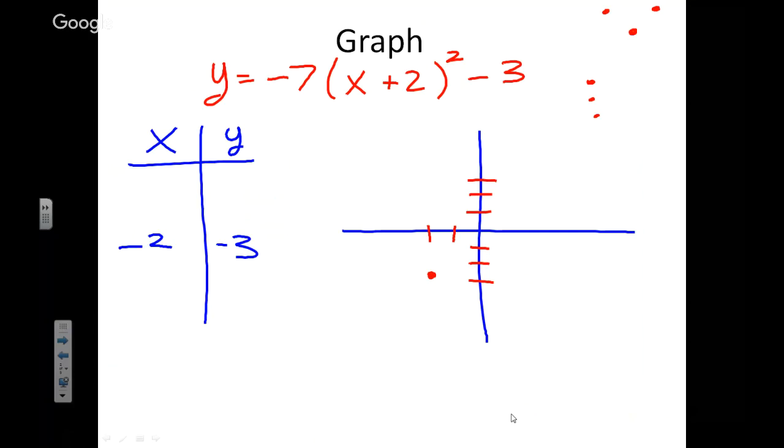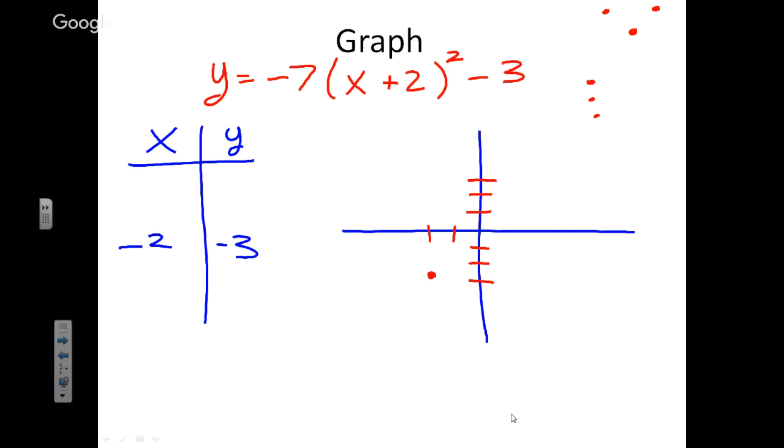All right, so -2, -3. A point on either side. What x value do I need to find for a point on the other side? Say again? -1 and what?